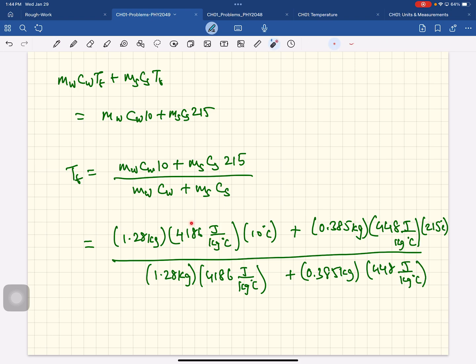And you can see that these units will cancel and you're left with Celsius.